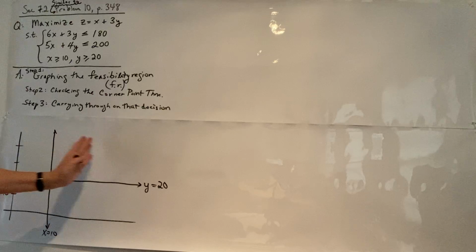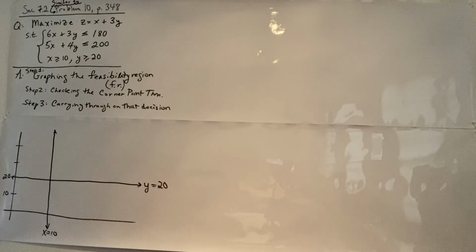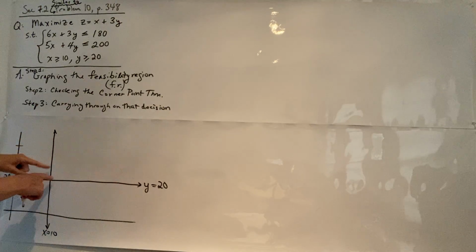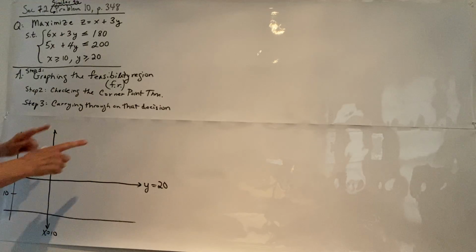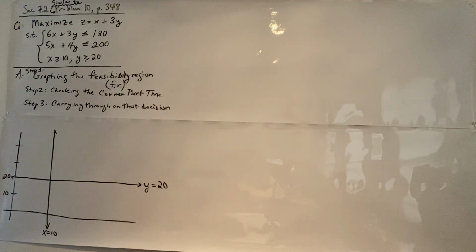Well, that's going to include things to the right of x equal to 10, like x equal to 11. And y greater than or equal to 20 is going to be a half plane above that line. So instead of being in the first quadrant, at first we're thinking we're in this area up here. It all hinges on where the boundary lines of these regions are.